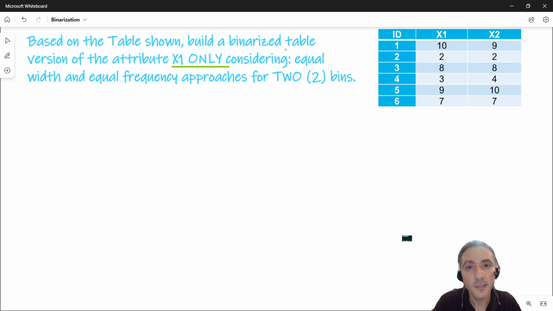Since it's binarization, of course it's only 2 bins. But generally, when applying discretization, we may have more than 2 bins. For binarization, as I said, it's a special case of discretization where we only look into 2 bins, because we're going to represent the data set with 0 and 1.